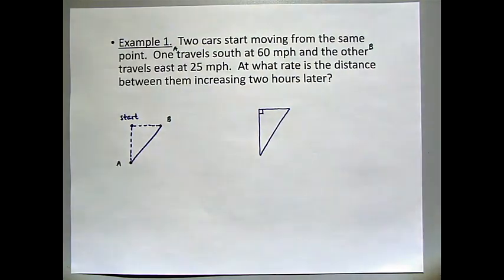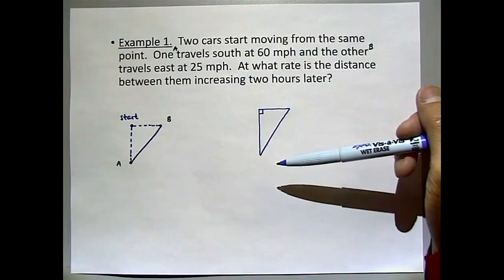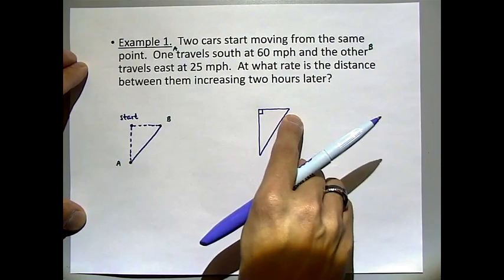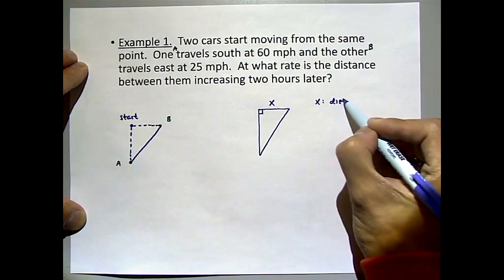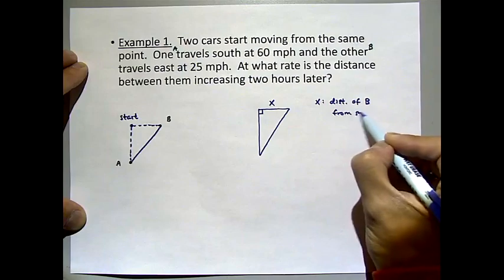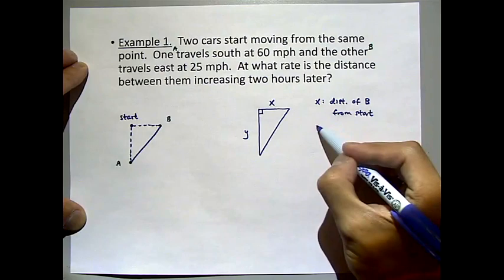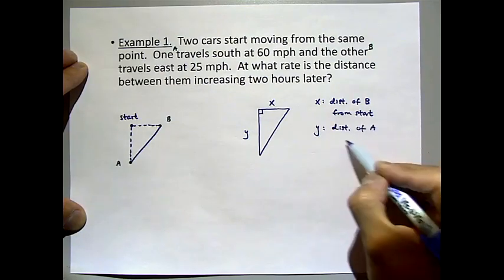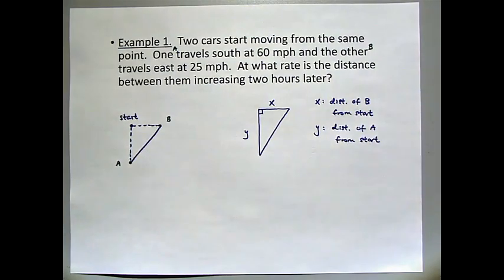Okay, so we got this triangle going on here. That's B, that's A. Let's get some labels on here. Let's call the distance from the starting point to car B X. And we'll call the distance of car A from the starting point y.